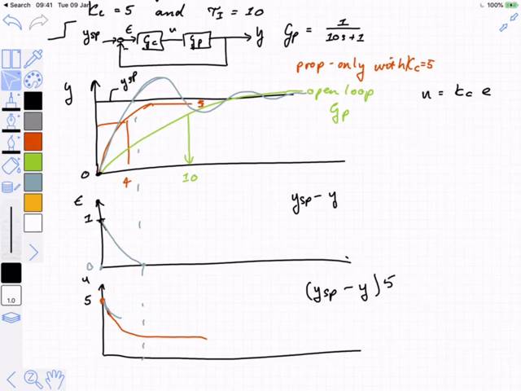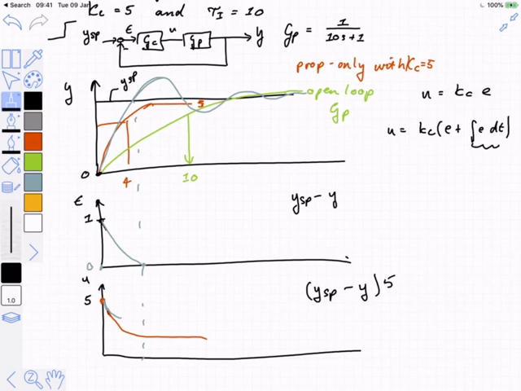The actual controller output is probably the hardest part of this to sketch, because you kind of have to reason through the integral part as well. If I ask you to do that, I'll give you a lot of marks for all those extra graphs. But remember that for the PI controller, U is equal to KC times E plus the integral of E, right?